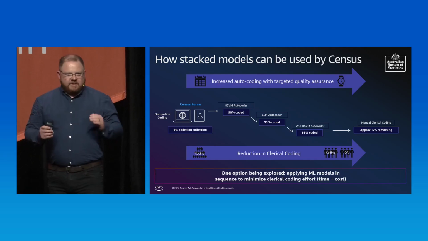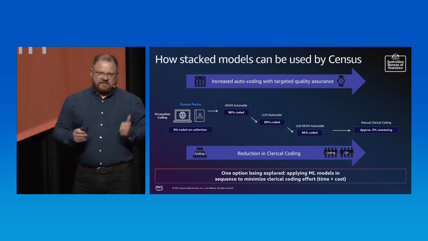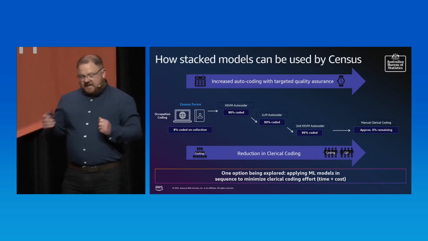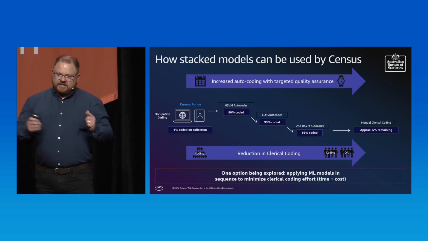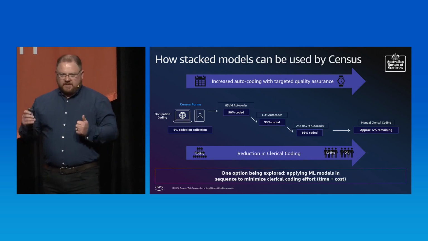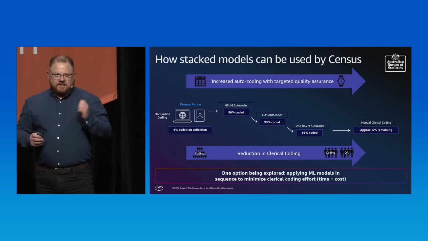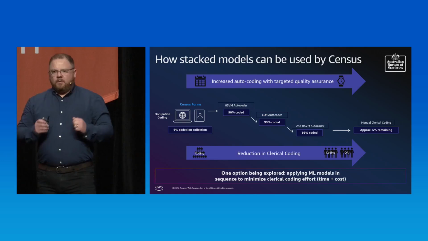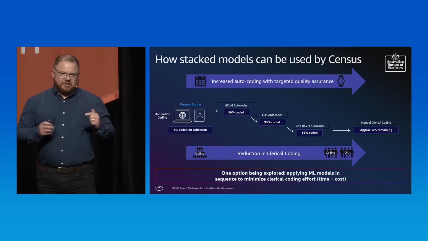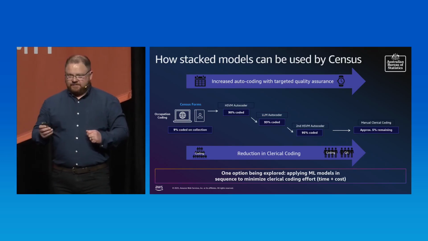But the real value isn't necessarily in the efficiencies and the savings that could potentially generate, it's in the time. We now have the opportunity to focus those efforts on quality and ensuring that the ML-coded data set is as high quality as possible, which of course is critical when we look to the future and we're starting to train new models on that same data.